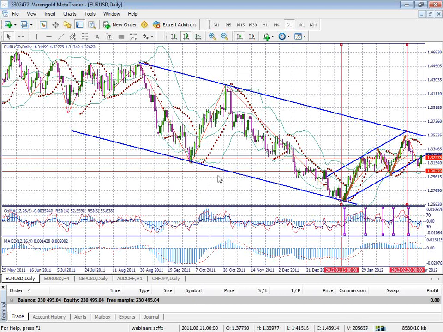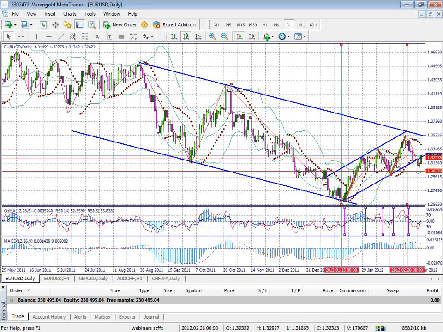We have this channel where one line is set by those 2 points, and the second line is set by one single point, that one, and the fact that it is parallel with the first line. Here we have one reverse of the pair, so the lines are very strong.